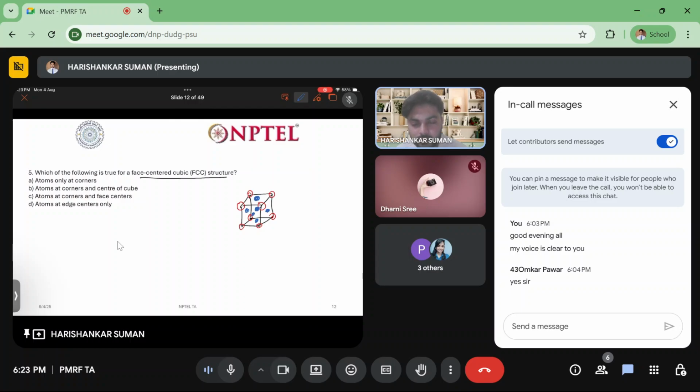Atoms are at corners and center of the cube. Atoms are at corners and face centered. Atoms are at the edge centers only. Please see the picture and choose your option. The red ones are at the corners and the blue ones are at the face centers.